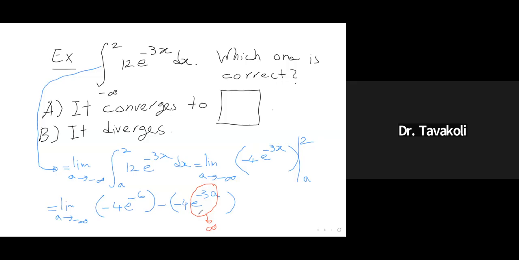The first parenthesis is a number. A number, when it's added to infinity or subtracted from infinity, doesn't affect the infinity. So this is a plus infinity answer, which means that it's a divergent integral. So the integral diverges, because the value is not a finite number.